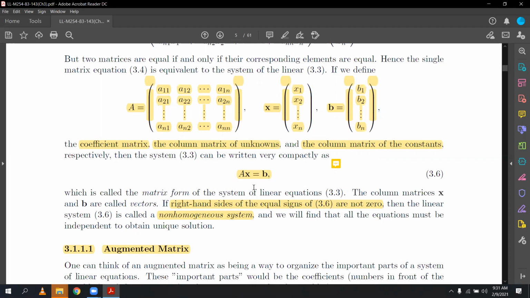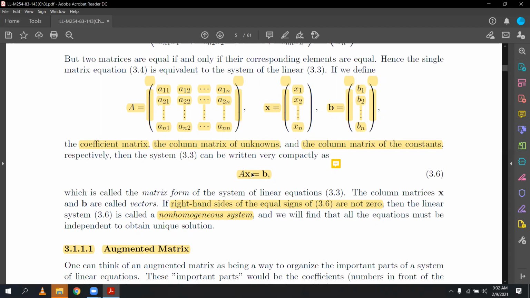Now, the most difficult thing in chapter number 3 is the condition on A: A must be non-singular. What is non-singular? I'll tell you later on. If A is non-singular and B is not equal to 0, then the system is guaranteed to have a unique solution.